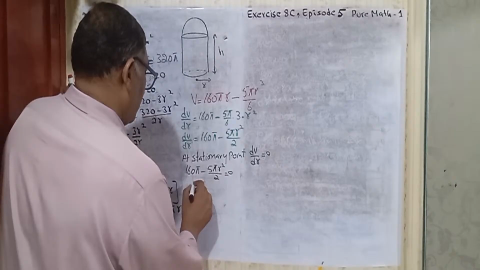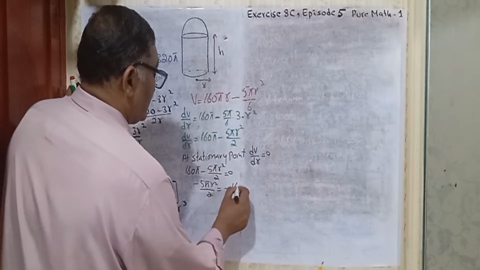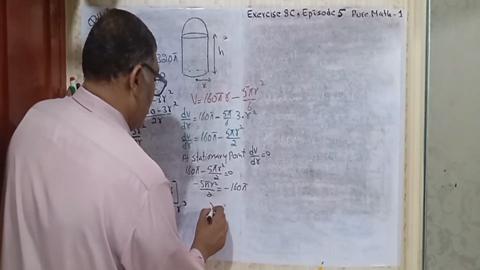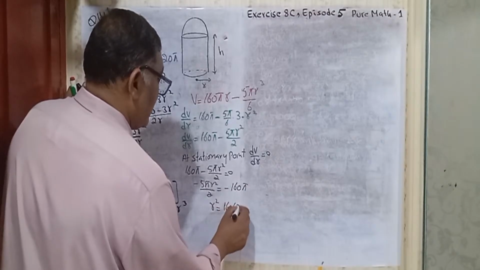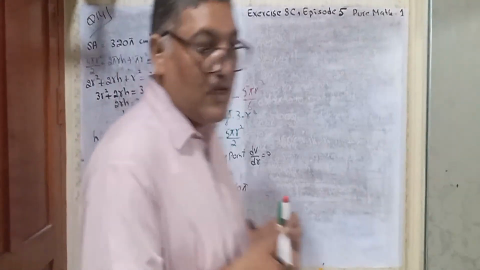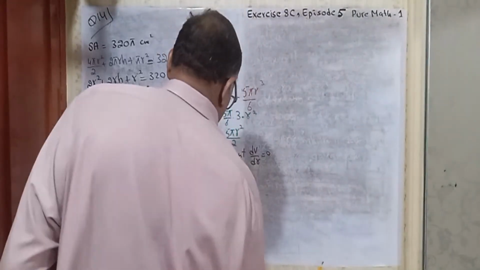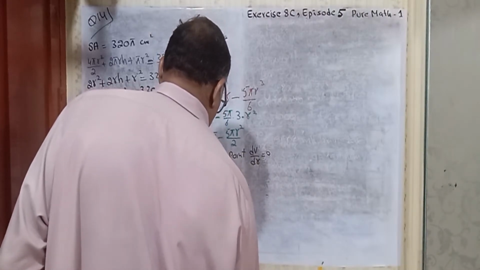Take this to the other side, so you will have minus 5 pi r square divided by 2 equals minus 160 pi. Pi cancels, minus cancels, so r square equals 160 into 2 divided by 5, that is 64. So r square is equal to 64. Now take the square root on both sides, so r will be equal to 8.